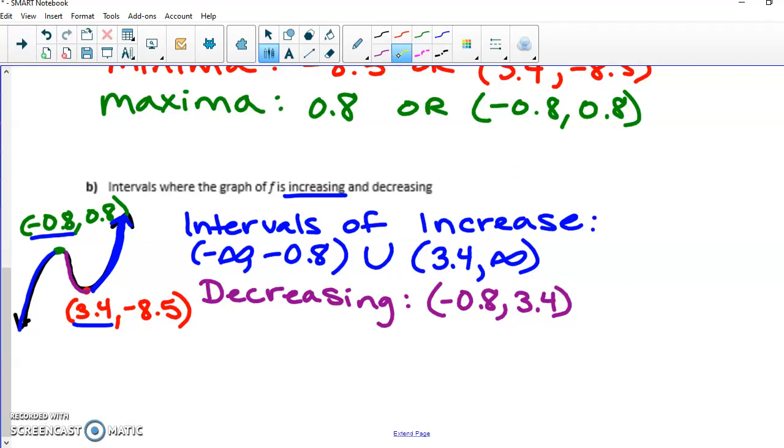Now I do want you to take a little bit of time to look at the relationship between those maxima and minima and the intervals. So we see our x values here that are within those relationships when we state those intervals. We're going to pay close attention to that so that we can accurately state our intervals of increase and decrease.